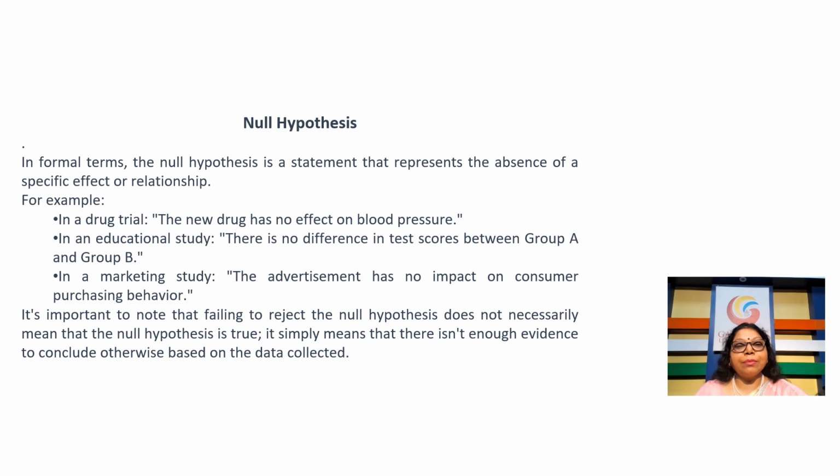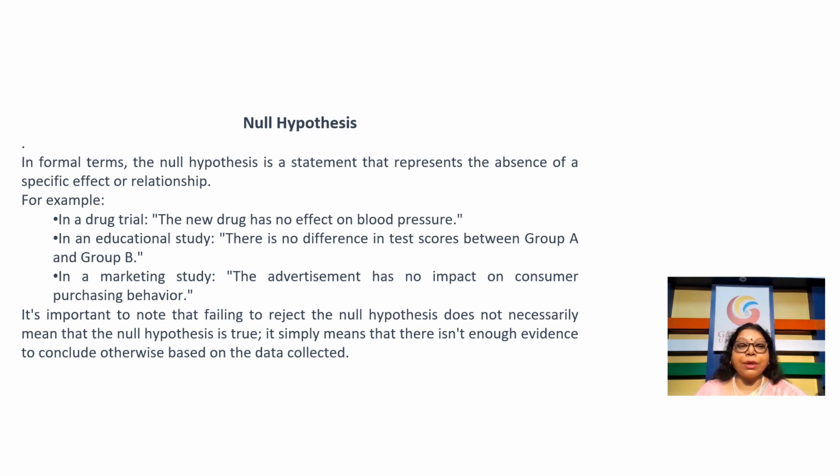In formal terms, the null hypothesis is a statement that represents the absence of a specific effect or relationship. Just to take you through a few examples, like in a drug trial, the new drug has no effect on blood pressure. This is the null hypothesis, while the alternate can be there is significant effect of drug on the blood pressure.